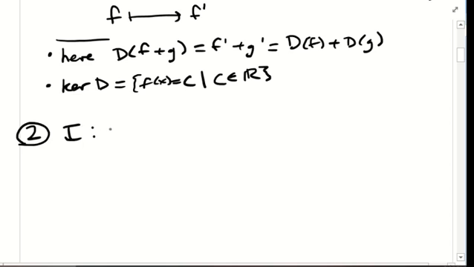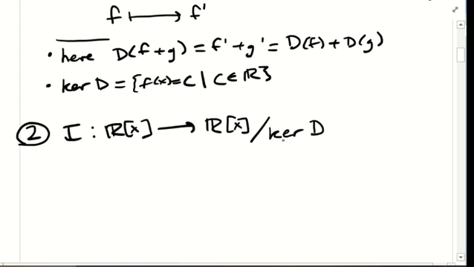Let's call this I. Now we're going from the polynomials with real coefficients to the factor group that we get by dividing out by the kernel of the homomorphism above, right? So I'm going to take f, and I'm going to map it to the indefinite integral of f, okay? Remember, these are only well-defined up to addition by a constant, right?